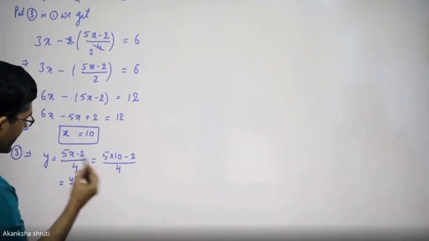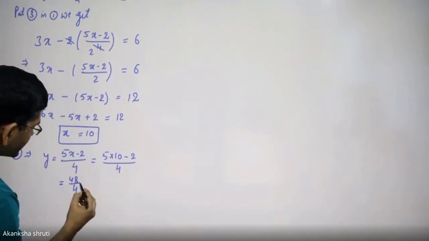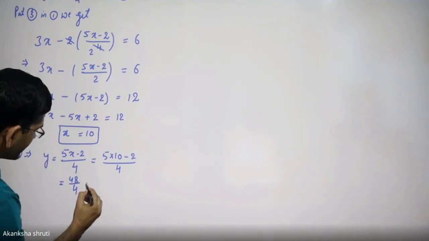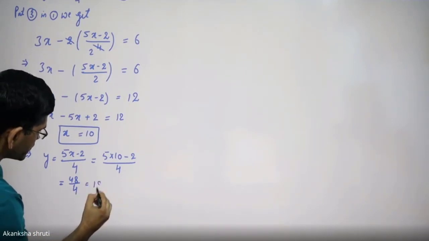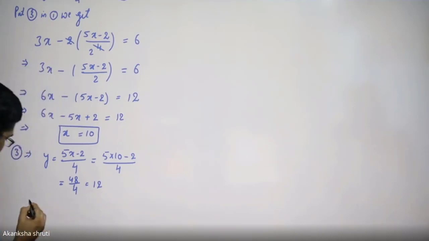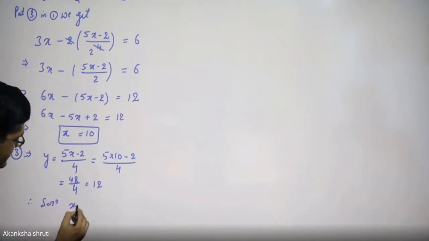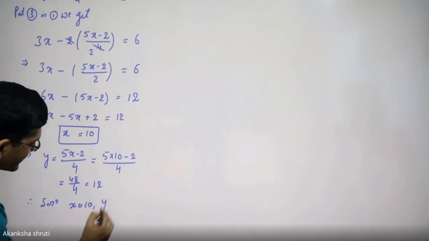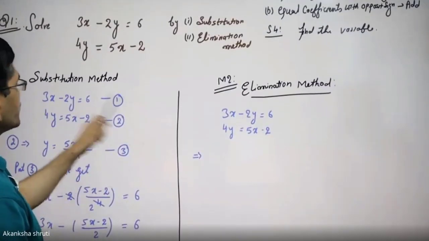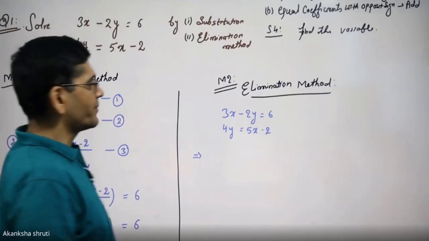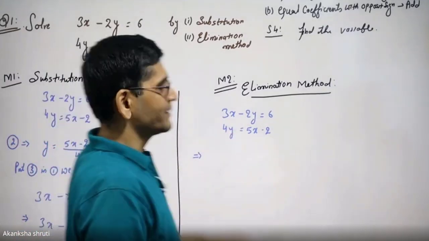So it is (5 into 10 minus 2) by 4. It is 48 by 4. So it is 12. Therefore, the solutions are x is 10, y is 12. The same question we are going to solve by the elimination method.